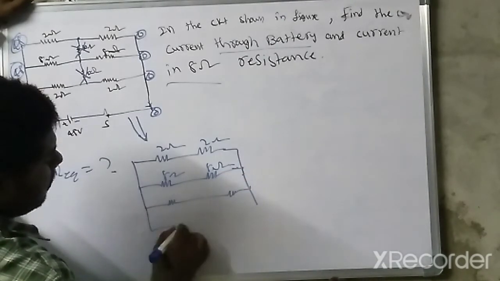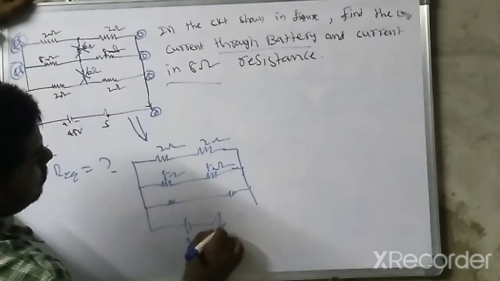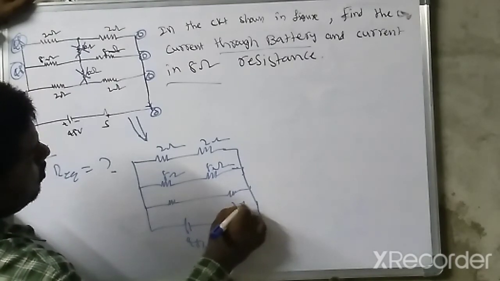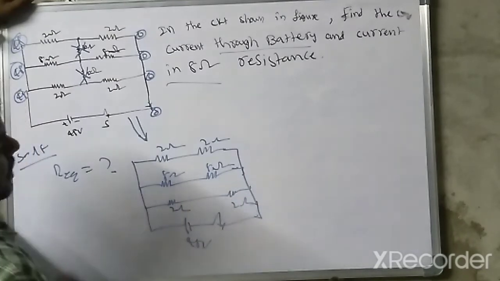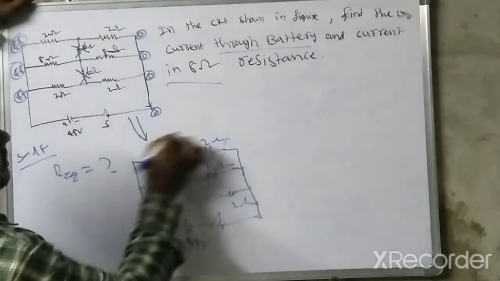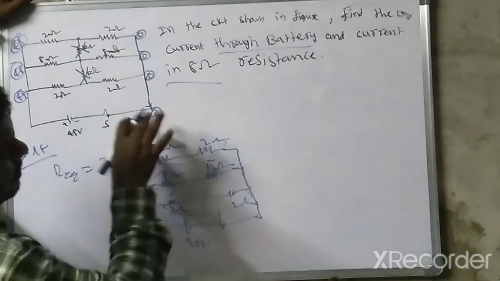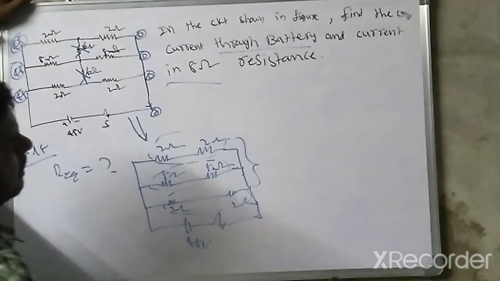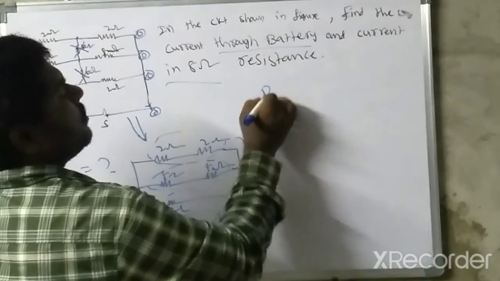This is a battery, 48 volts through a switch like this, 2 ohm, and this is also 2 ohm. So this one is a series, this one is a series, this one is a series, and these three are in parallel connection.